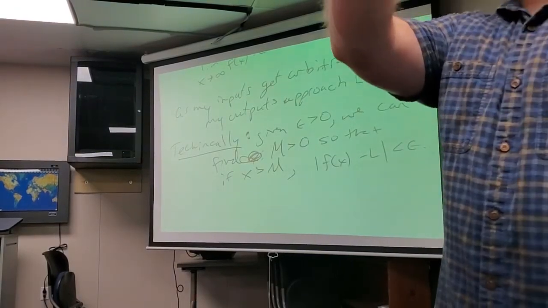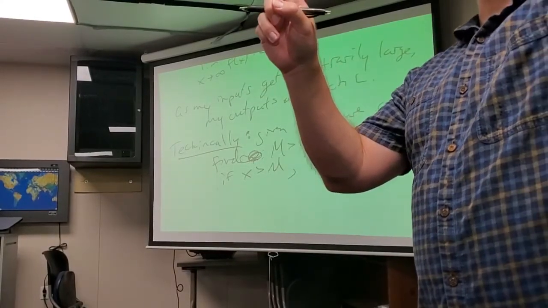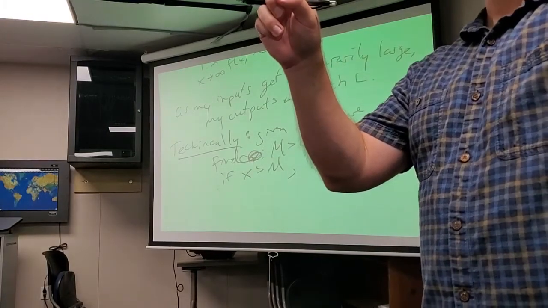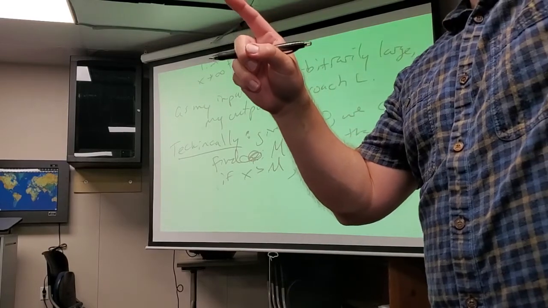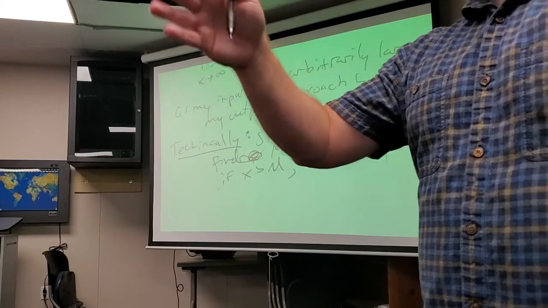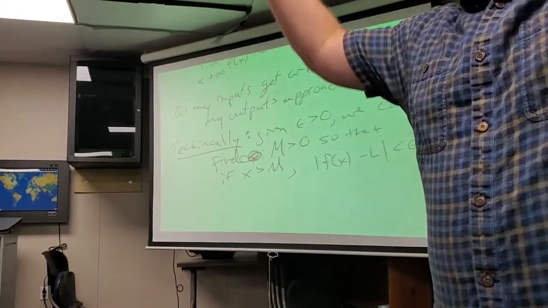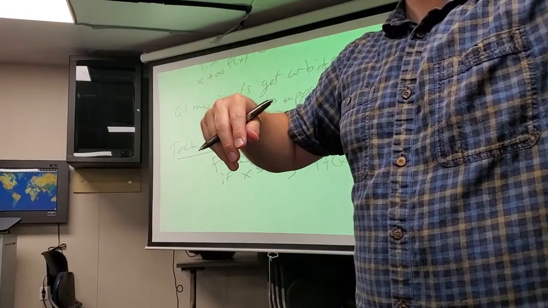If I'm supposed to be approaching something when I let x get really big, and somebody says, okay, I want you to be this close to the supposed limit, I have to be able to find an M so that all inputs after that stay that close, no matter what. If I can never find anywhere where they stay that close, that can't be the limit, because what's the whole idea? Eventually it has to get close.